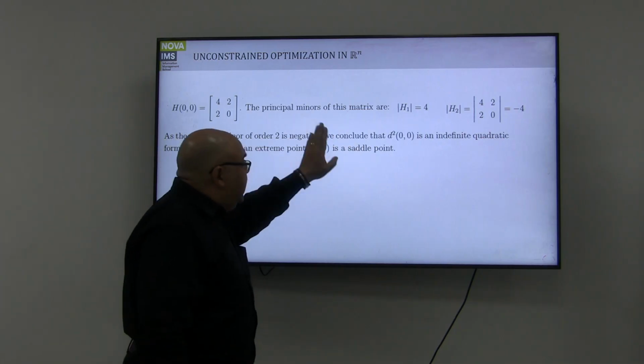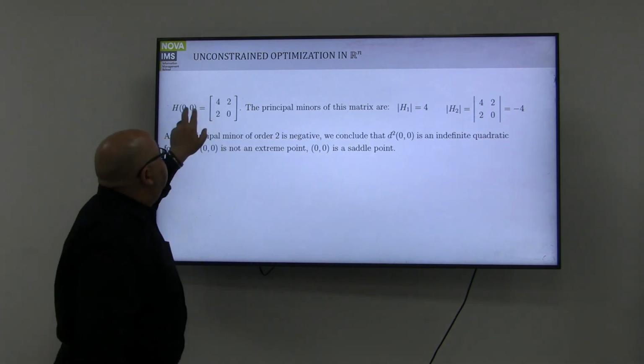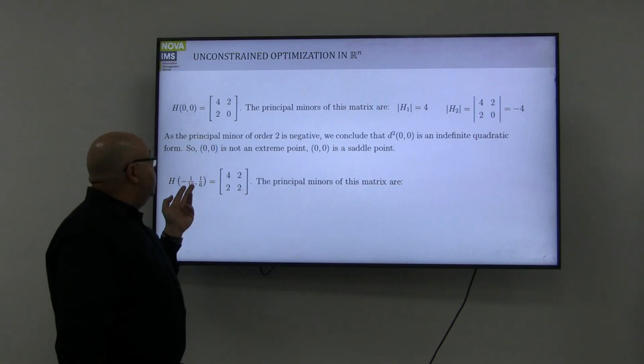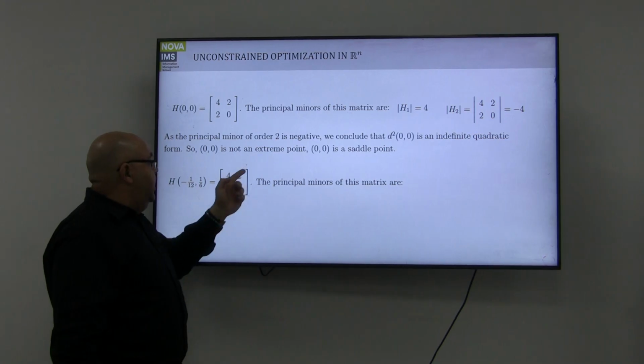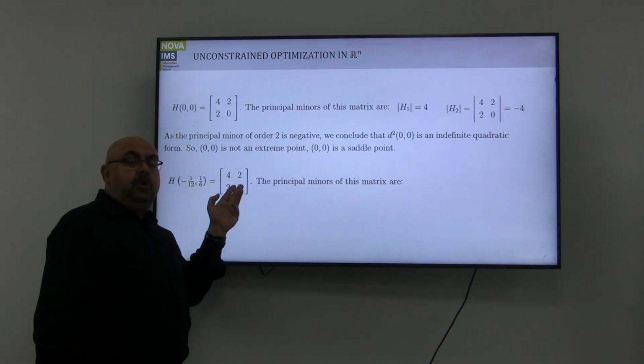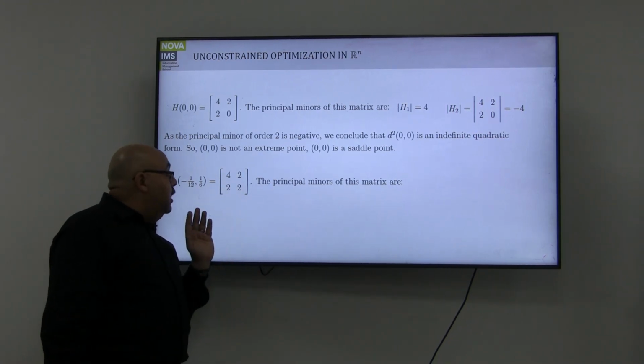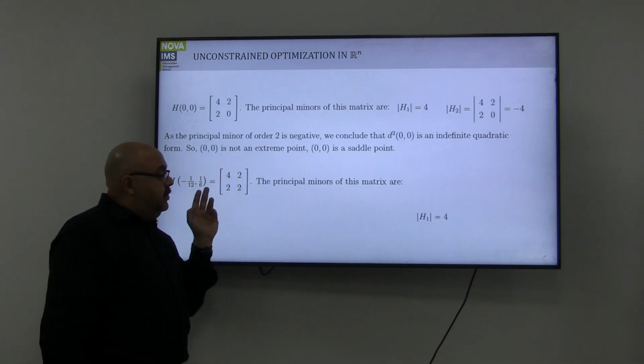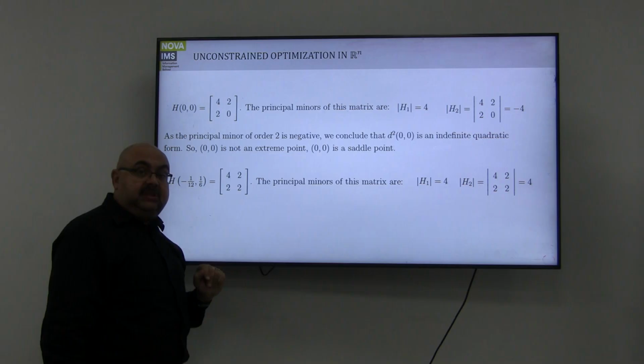I need to do exactly the same, but at the other point, not 0 and 0. So if I start substituting into negative 1 over 12 and 1 over 6, this is going to be 8 minus 4, which is a positive value, which means your principal minors are both greater than 0, as you can see.